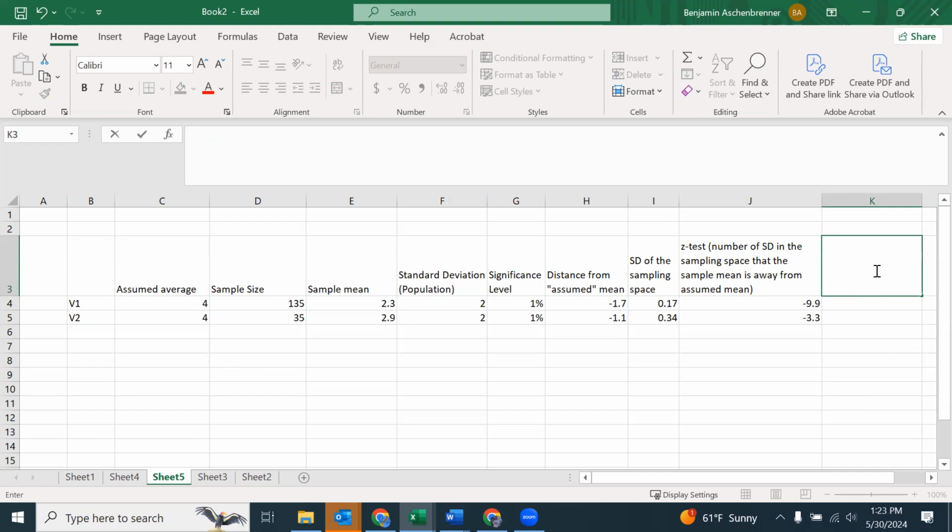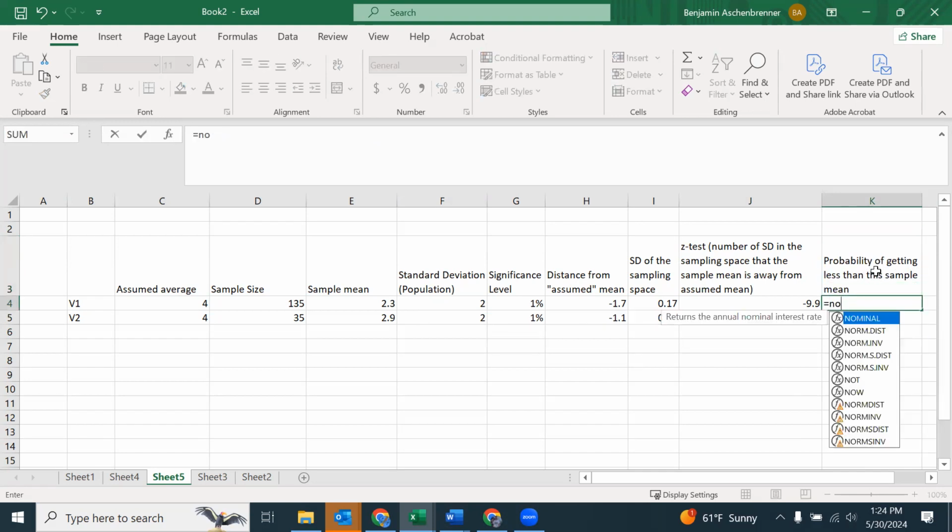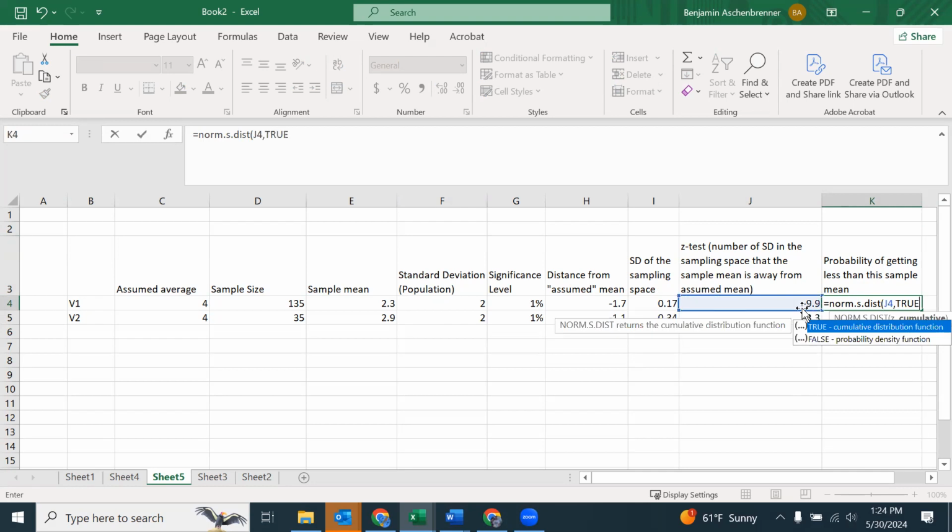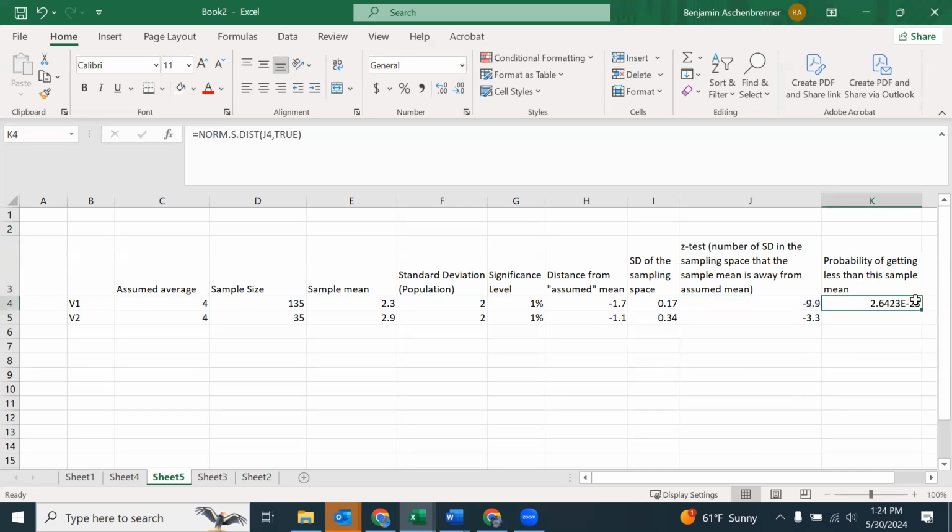Before I do that, probability of getting less than this sample mean. So I can change that, norm.s.dist, this number, true. Okay.